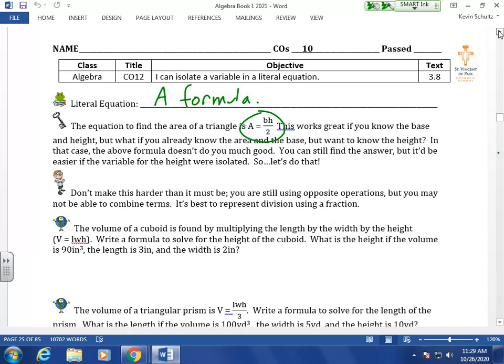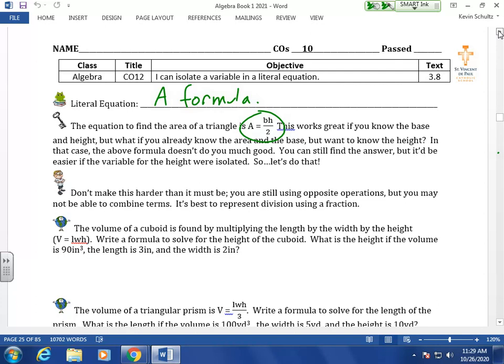So in an example, what we're going to be doing here, in the equation area equals base times height divided by 2, we know that's the area for a triangle, right? And typically, when we use that formula, what values do we have? The base and the height, right?